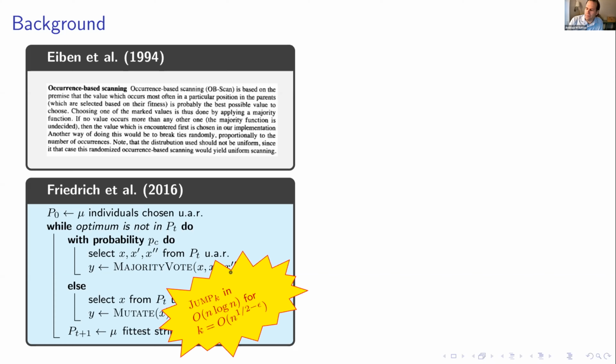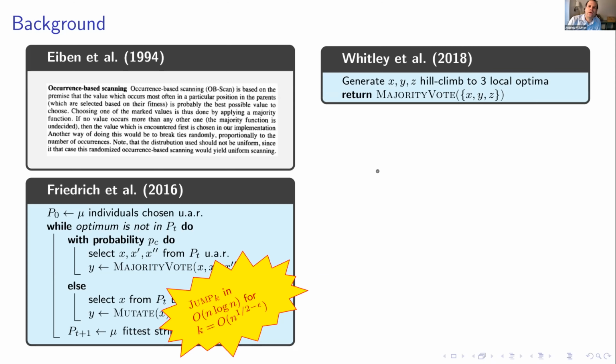You already saw the jump function in Amir's talk. This is a function where the algorithm has to first hill climb up to a plateau, and then it must jump over a gap of Hamming distance, in this case, k. They showed that using the majority vote crossover, they could solve the jump function in n log n time on jump gaps of roughly square root n, slightly lower than square root n.